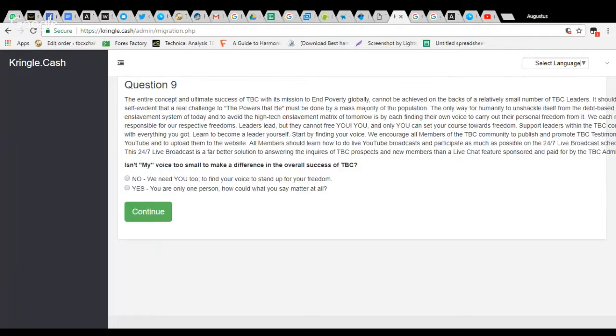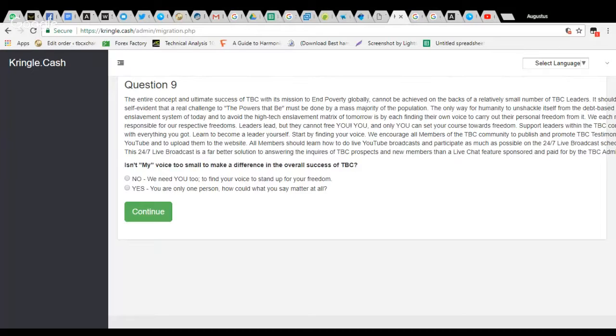So, isn't greed a good motivator for those of us in TBC to build a life of true abundance? If you read the article here, you can understand this question. So no, this answer is no. So we move on to question 9.